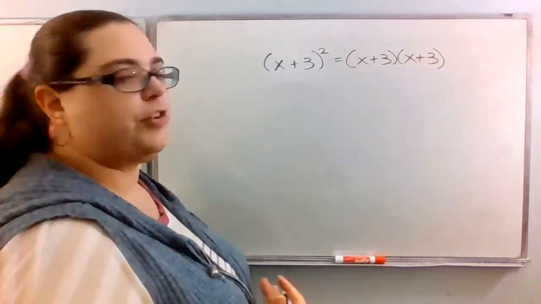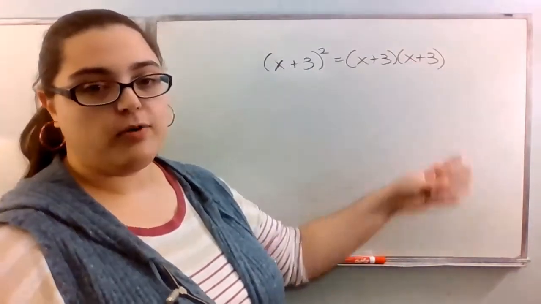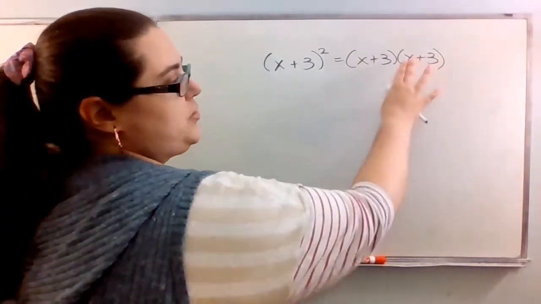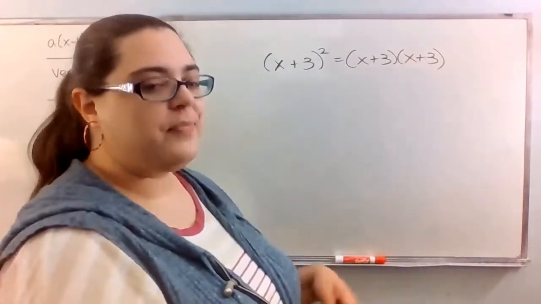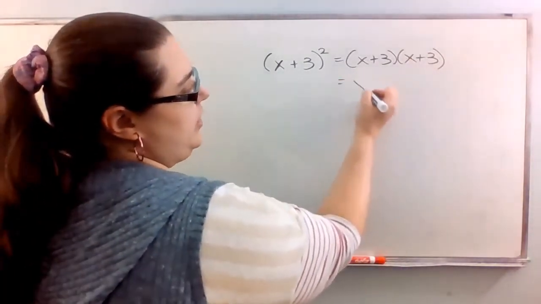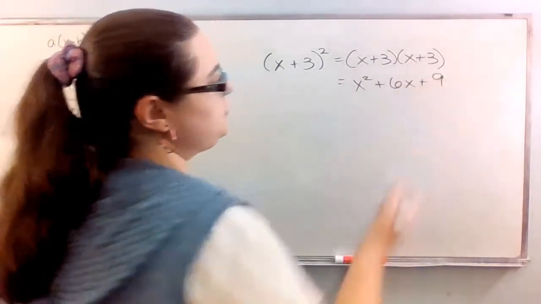If you're familiar with FOILing, you would FOIL this, or distribute it out. I like to think of it as shaking hands. Everybody in here shakes hands with everybody over here. When you multiply this all out and simplify it, you end up with x squared plus 6x plus 9.